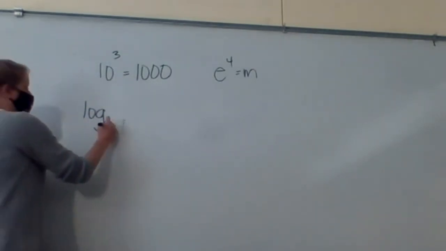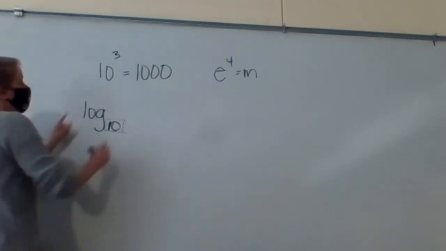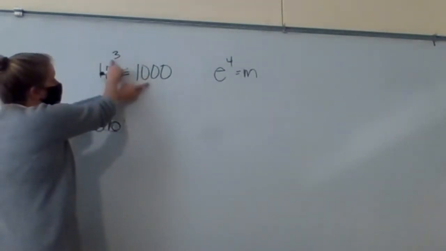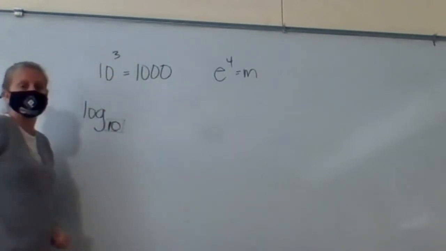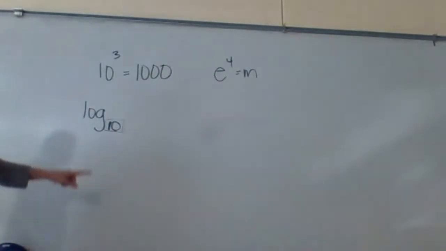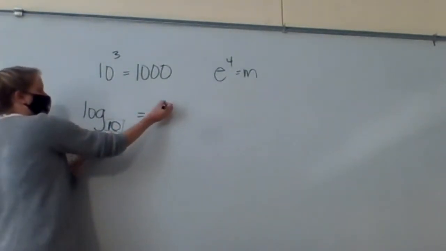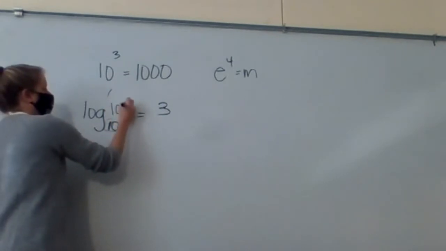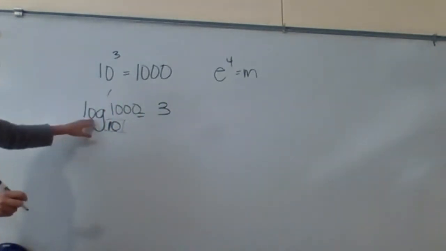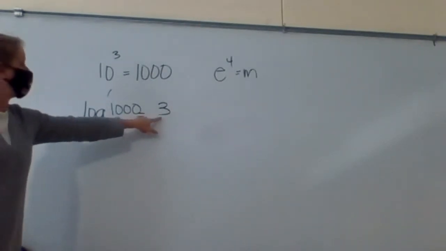So that's where your base number goes. So log base 10. Now, these two numbers essentially are just going to switch sides of the equal sign. Right? Because think about this. I'm going to need 10 to the third power to equal 1,000. So you're going to have log base 10 of 1,000 equals 3.